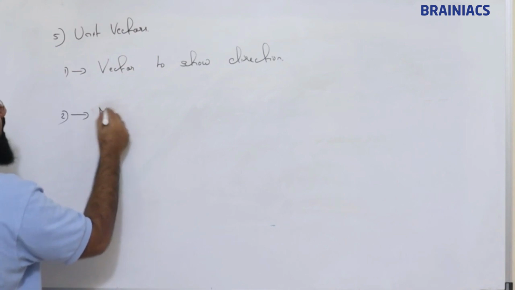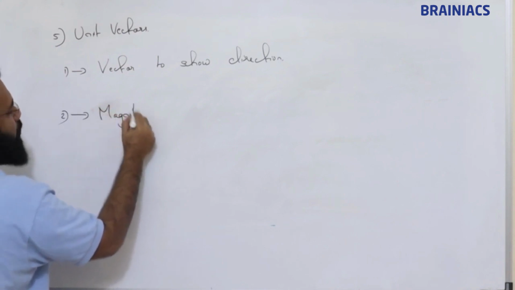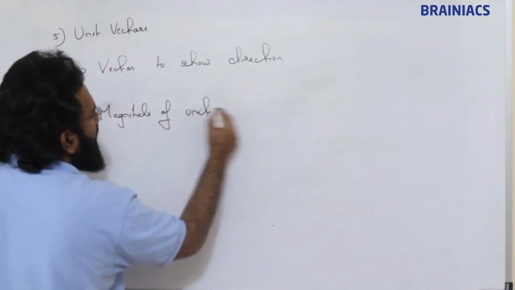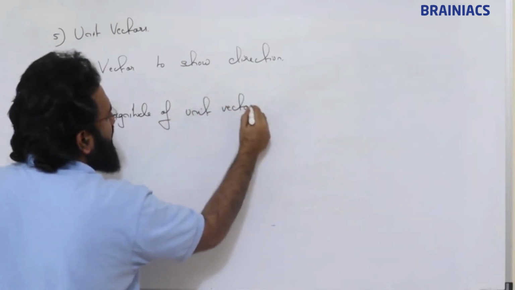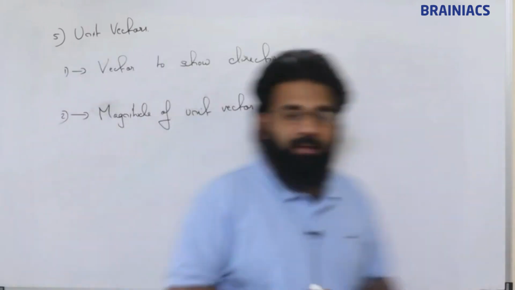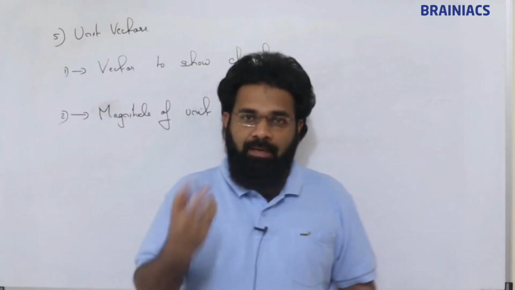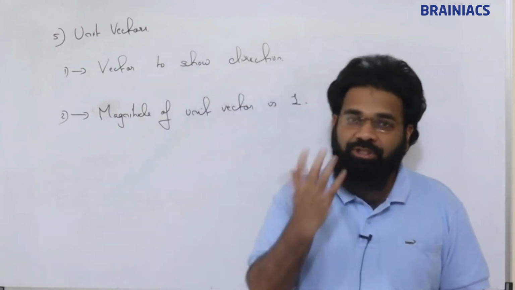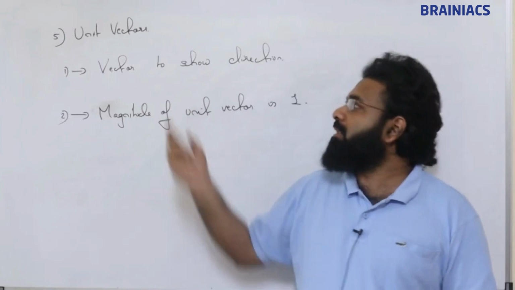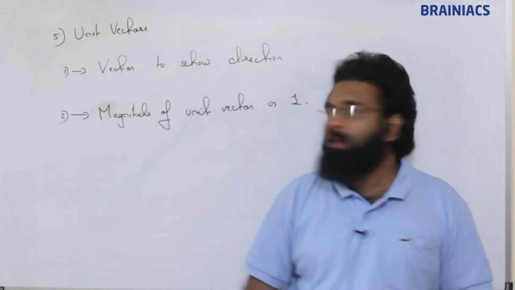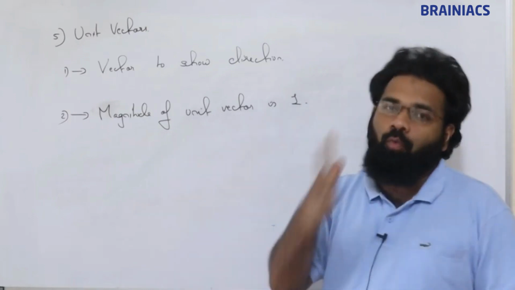Number 2, magnitude of unit vector. Magnitude of unit vector is 1. What is magnitude? Magnitude means the number, the size, or how much we ask. So this unit vector is just to show direction, so its magnitude should be 1.